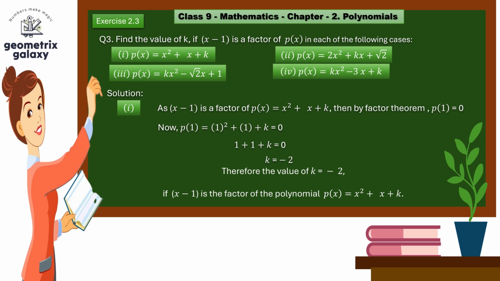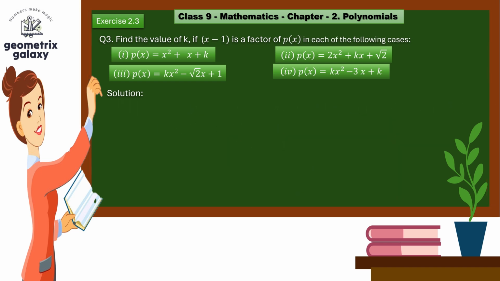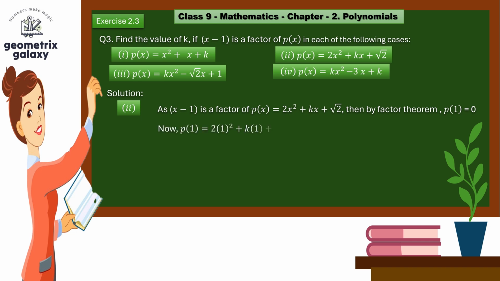Here is subdivision 2. Here also the same, x minus 1 is a factor of p of x is equal to 2x square plus kx plus root 2. Then by factor theorem, p of 1 is equal to 0. Now we will substitute 1 in the place of x. So we get p of 1 is equal to 2 into 1 square plus k into 1 plus root 2, which after simplification we get 2 plus k plus root 2 is equal to 0.